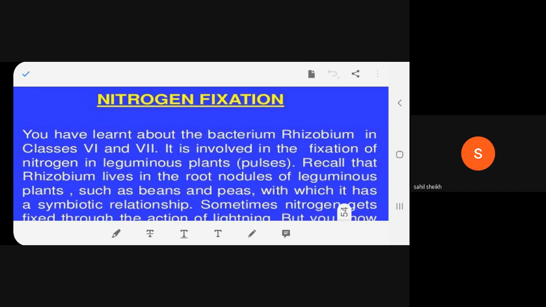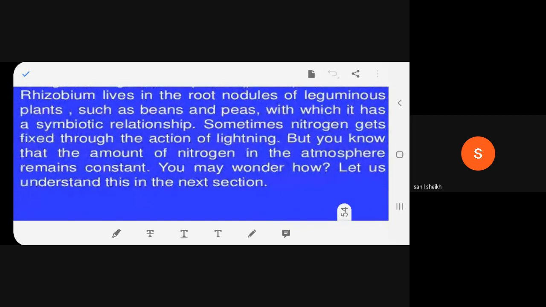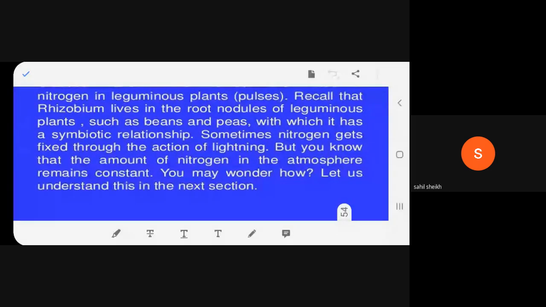Recall that Rhizobium lives in the root nodules of leguminous plants, such as beans and peas, with which it has a symbiotic relationship. Sometimes nitrogen gets fixed through the action of lightning, but you know that the amount of nitrogen in the atmosphere remains constant. You may wonder how. Let us understand this in the next session.